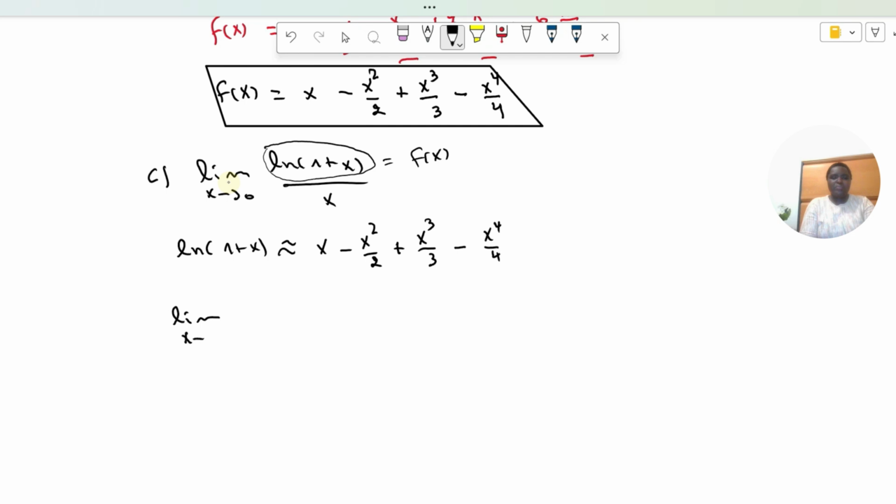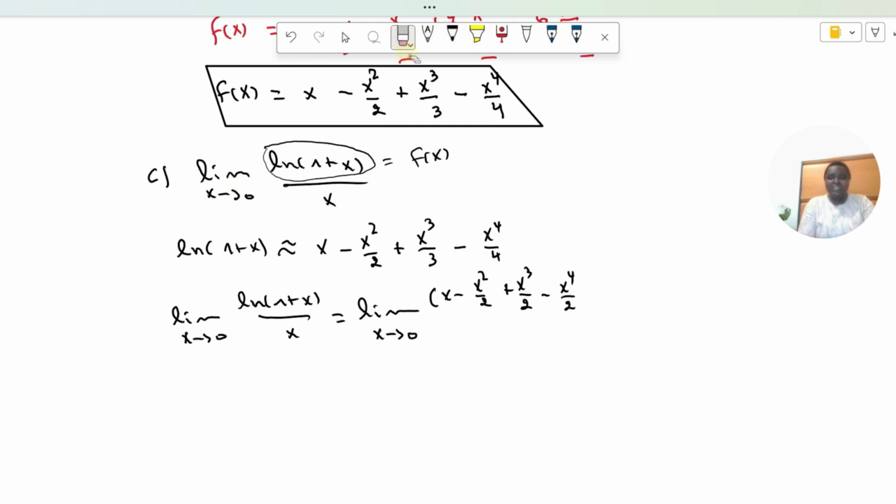So if we approximate it this way, then the limit when x tends to 0 of ln of 1 plus x over x will be equal to limit when x tends to 0 of x minus x squared over 2 plus x power 3 over 3 minus x power 4 over 4, all over x. Sorry, I was writing something wrong here.